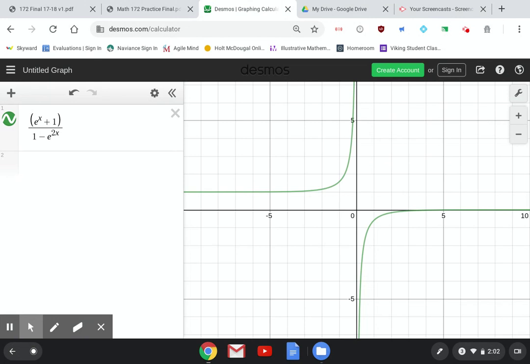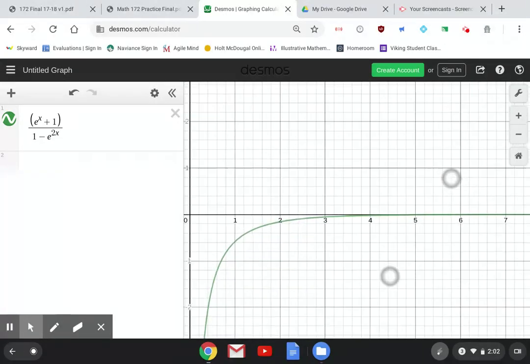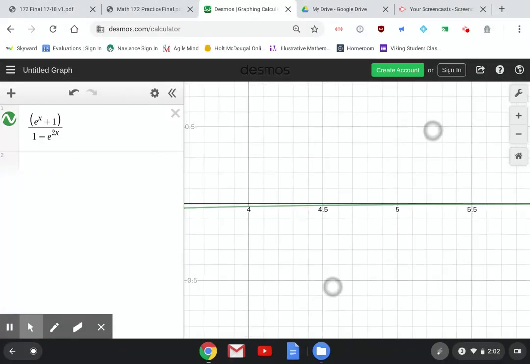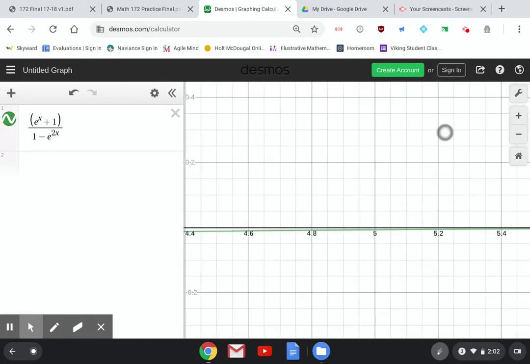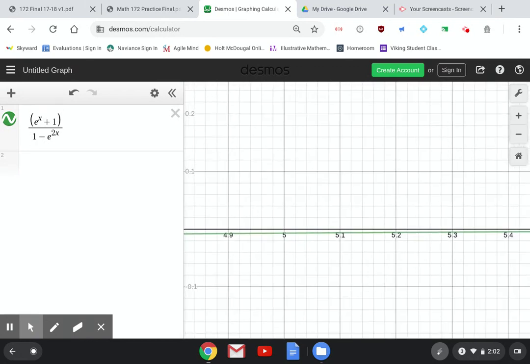So in Desmos, you will see here that I have the equation written out. And we are looking at as x approaches infinity. So as x is getting bigger and bigger and bigger, what is happening to the value of this function? And so we can zoom in on this. And when we zoom in on this, we can see that this function is indeed approaching 0.